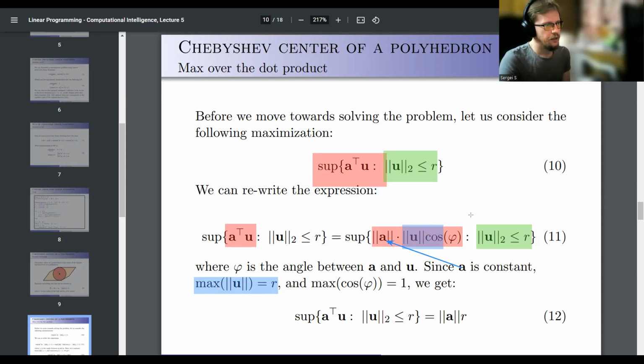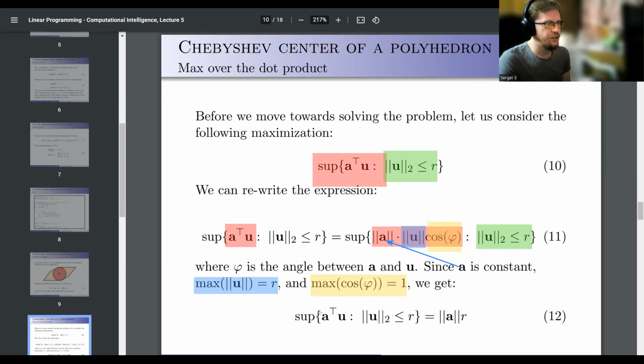The maximum is r. The maximum of the cosine, on the other hand, is 1. So this is going to be 1. Let me use a different color just to indicate. This is one, this is one.